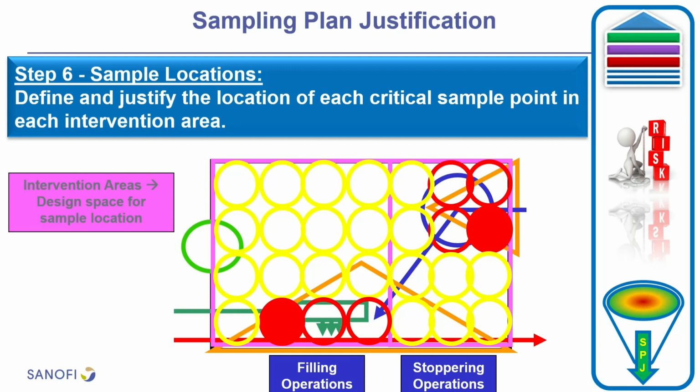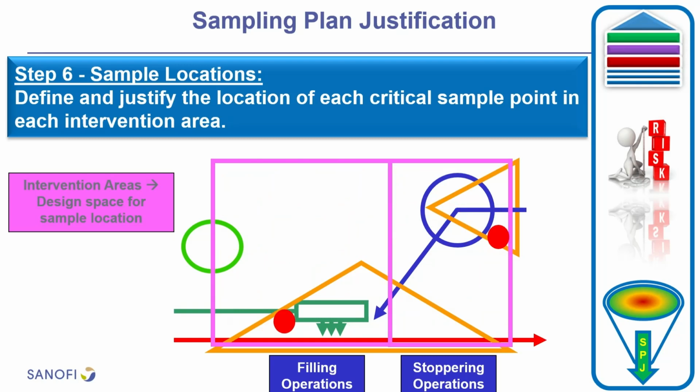The yellow circles represent the different potential sample locations. The red circles are the most probable critical sample locations, and the full red disks are the most critical sample locations. And here you have exactly the positions, the locations of the samples from the risk assessment we saw just before.